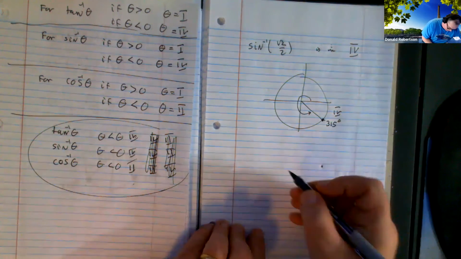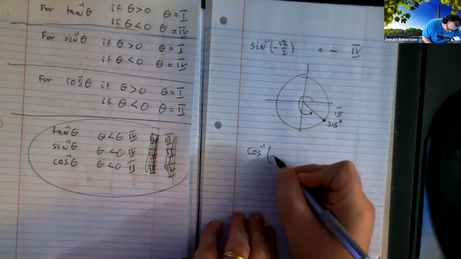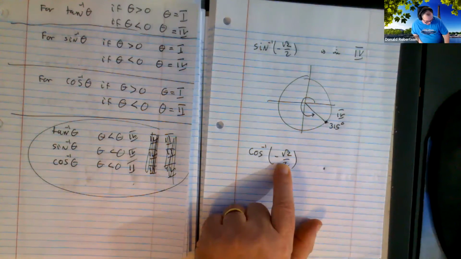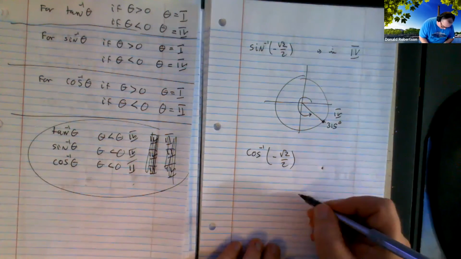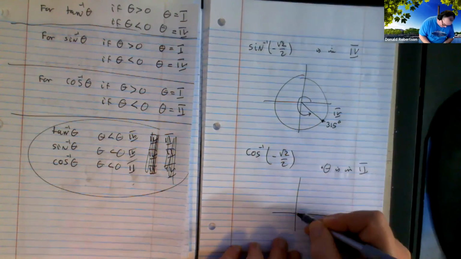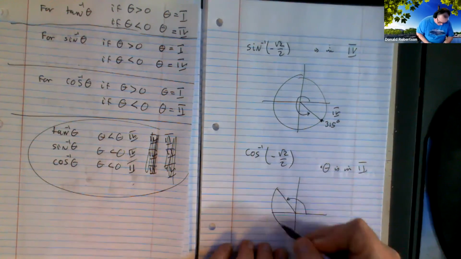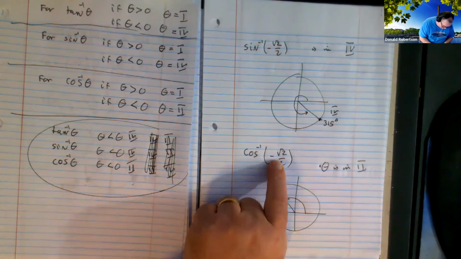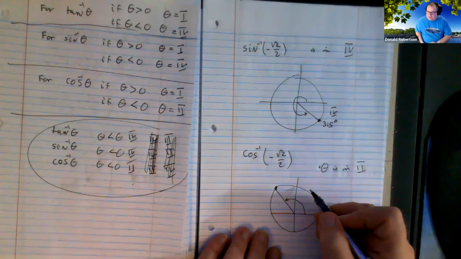How about this one, the inverse cosine of a negative? When the cosine is negative, shouldn't I be looking in the second quadrant? If you do your unit circle and find the angle that has that cosine, you will get, I believe, 135 degrees.